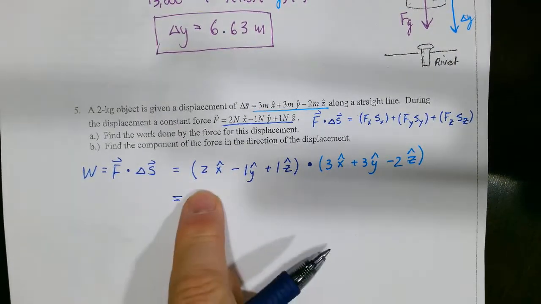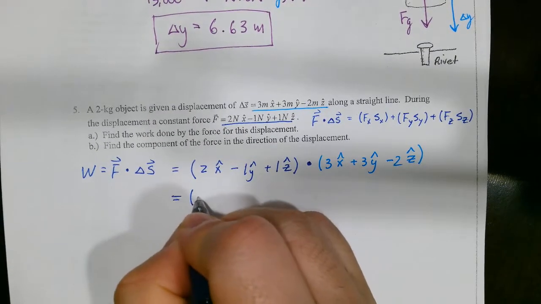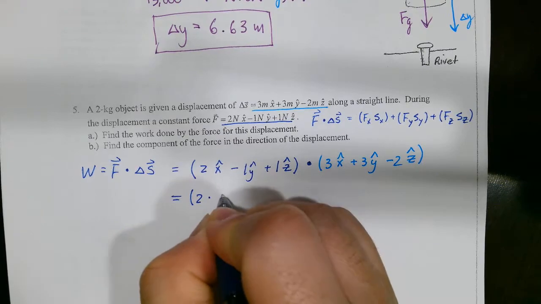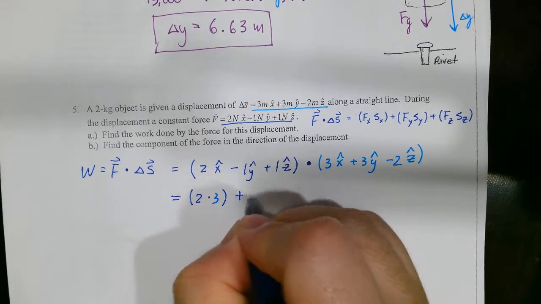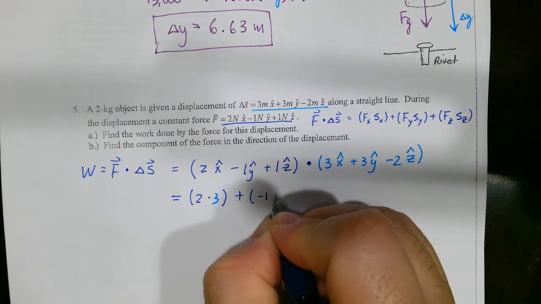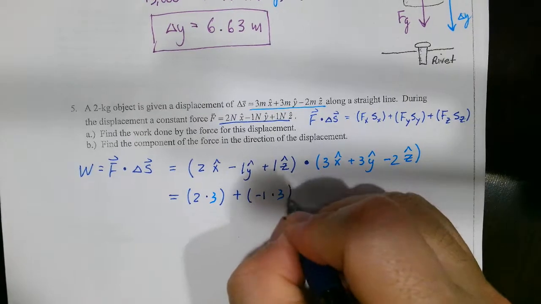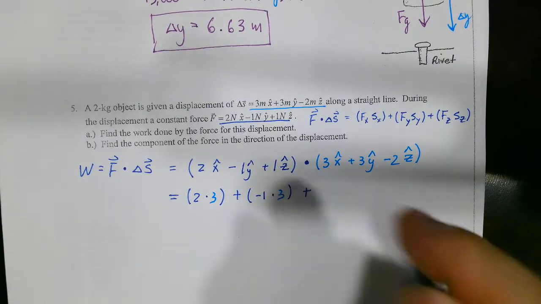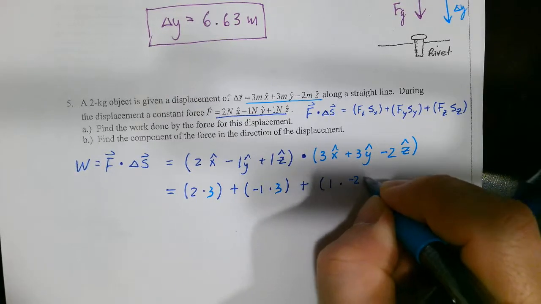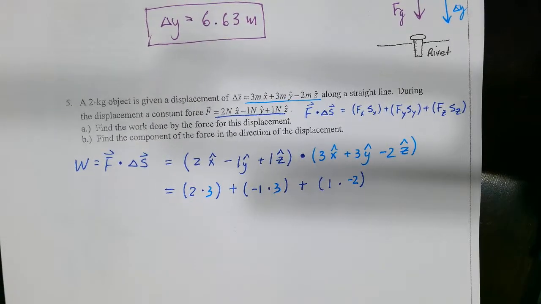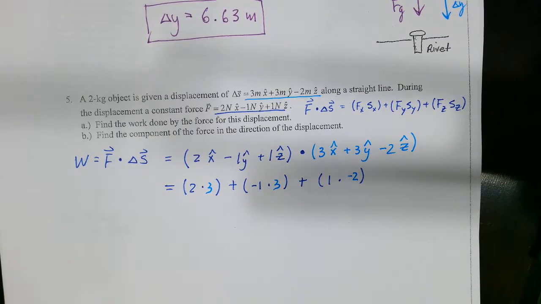Therefore, I got 2 times 3 plus negative 1 times 3, plus 1 times negative 2, right? No x hats, no y hats, no z hats. Okay?